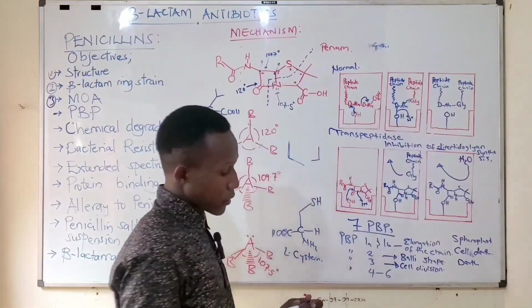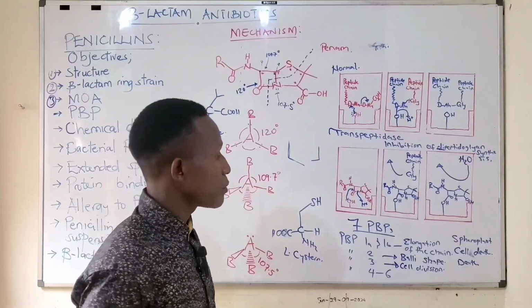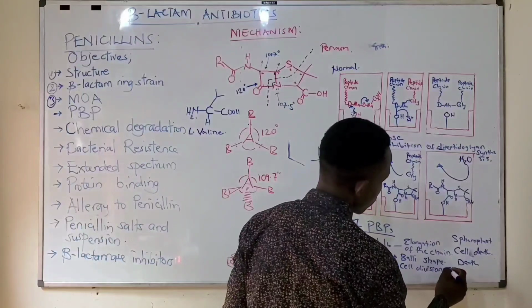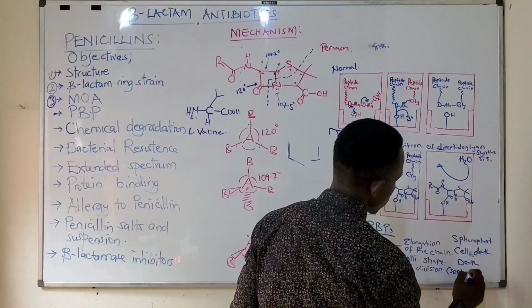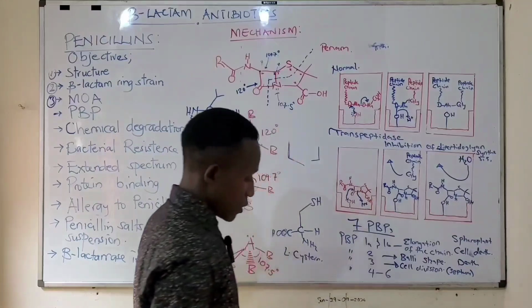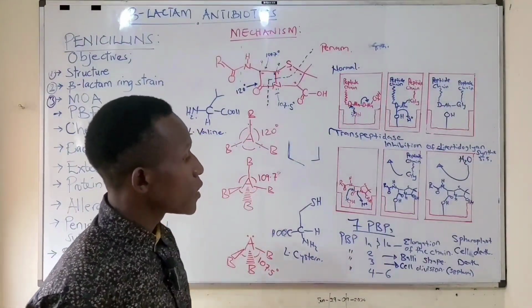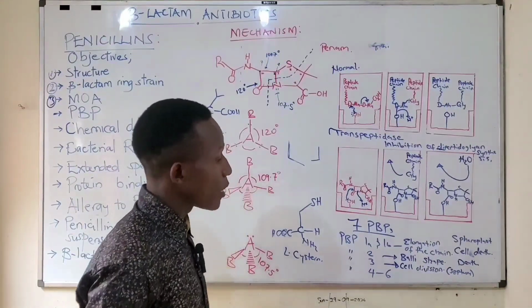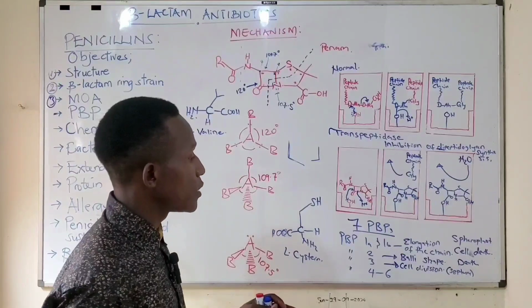Remember, division is by binary fission, meaning that it will divide into 2. If it is inhibited, we shall have the formation of a very large bacteria because it won't be able to divide.